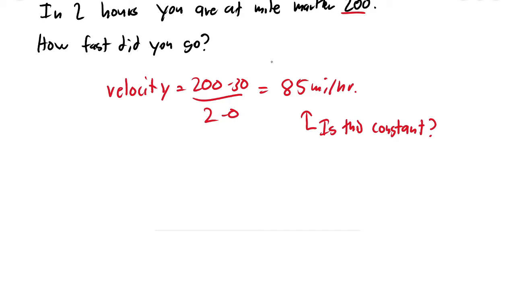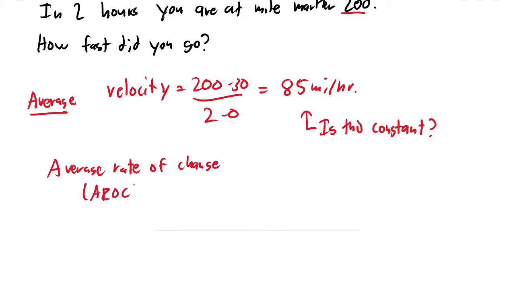So when we say that this is the velocity, this is not really the velocity, but it is the average velocity. On average, your speed is going to be 85 miles per hour. And this is what we're going to call an average rate of change. And going forward, I'm just going to abbreviate this as AROC.